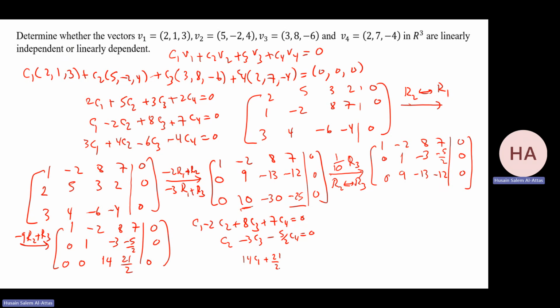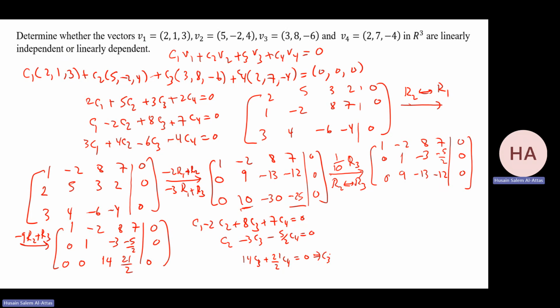Plus 21 over 2 C3, C4 is equal to 0. So from here, C4 will be minus 14 times 2 over 21. Or let me write C3 in terms of C4, maybe better. You can write this or that, it's okay.